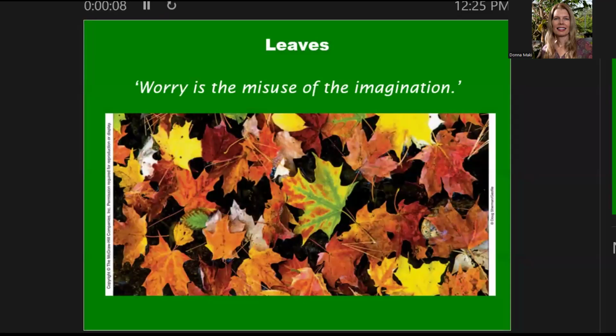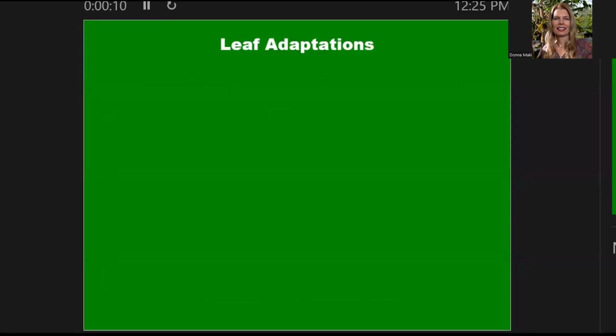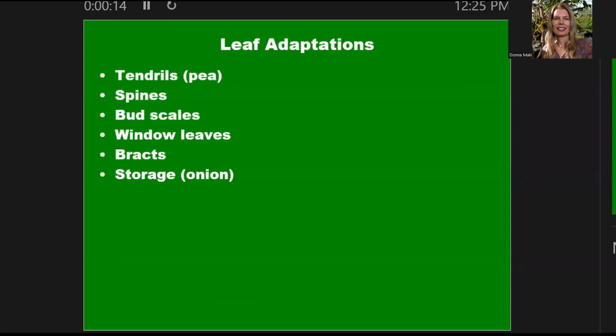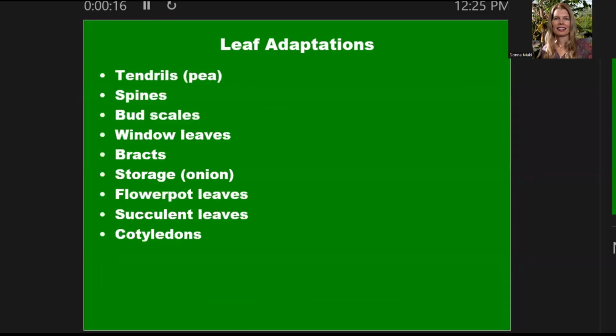You don't have to write all this down. This is part of the PowerPoint, but I'm going to show you these ideas in terms of how leaves can have some really interesting adaptations, depending again on where they're native to, what they've adapted to.